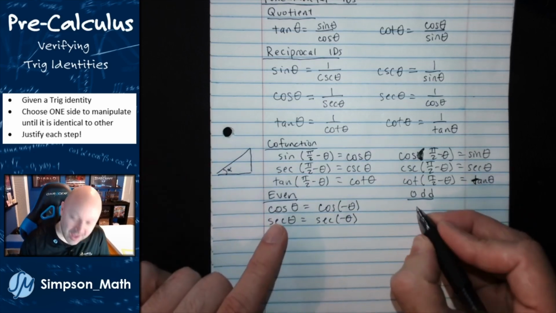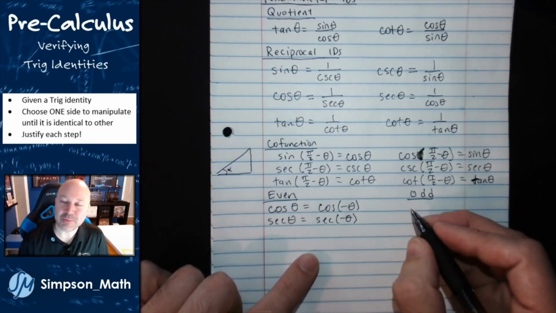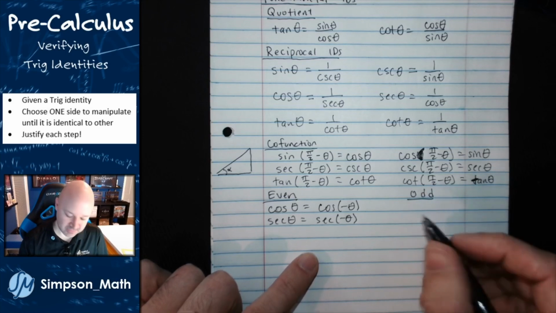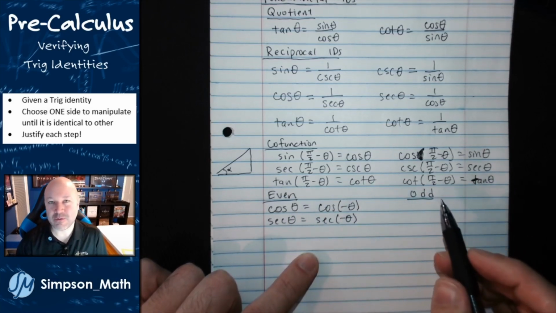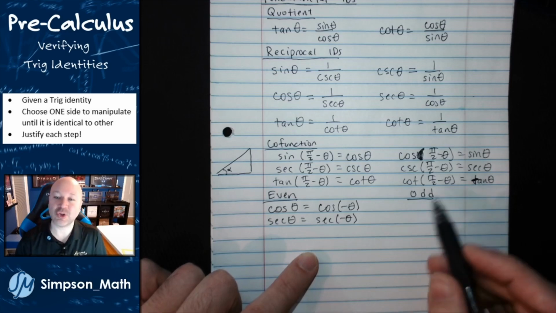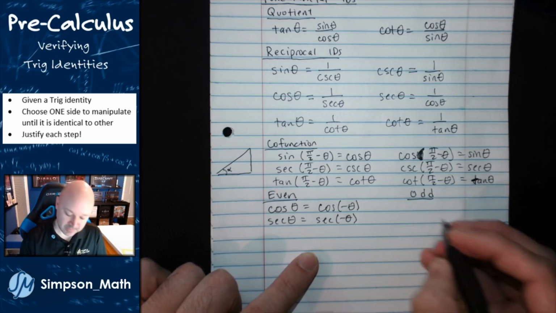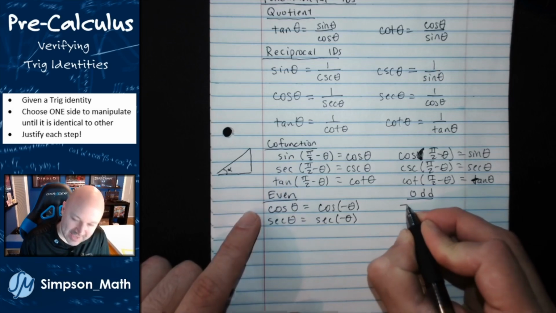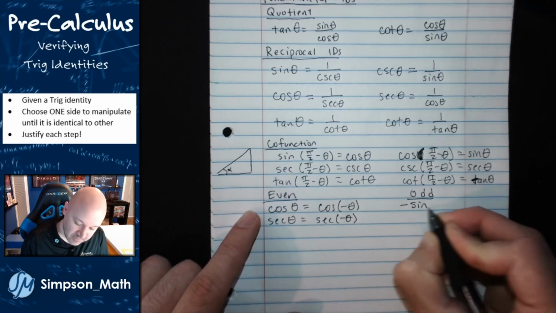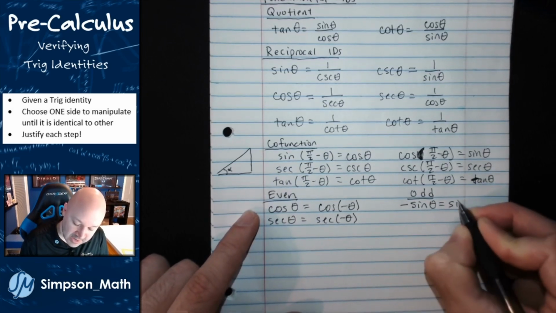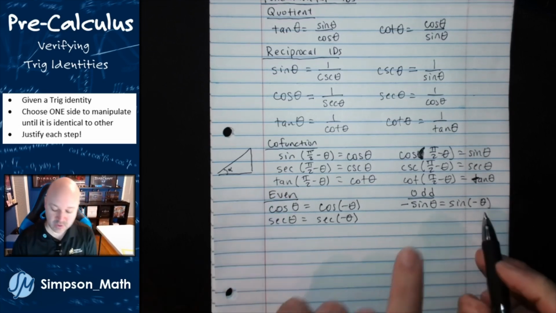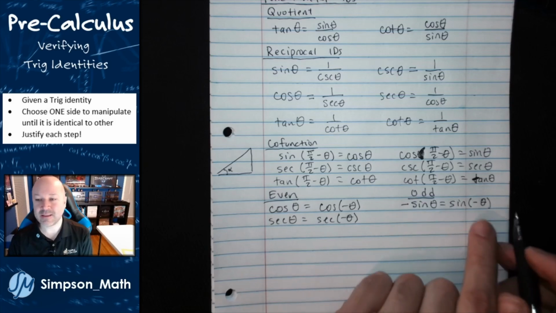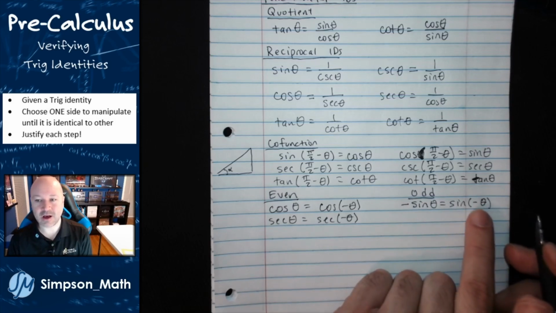All right, so we have the odd relationship, and the odd relationship is a double reflection. The even one was a reflection about the y-axis. Odd is both around the y and the x-axis, or you can think of it as a reflection about the origin. If you take a negative sine wave, it's equal to a sine wave being reflected about the y-axis. So negative on the outside affects sine the same way as negative on the inside.